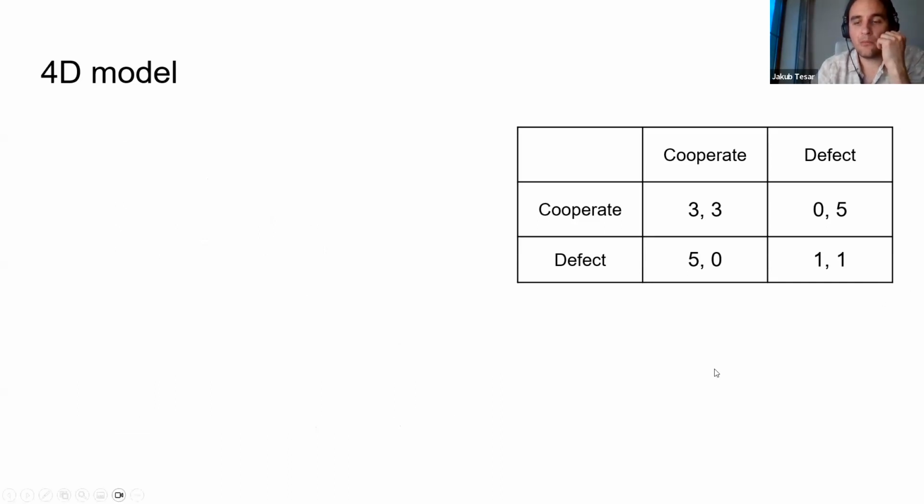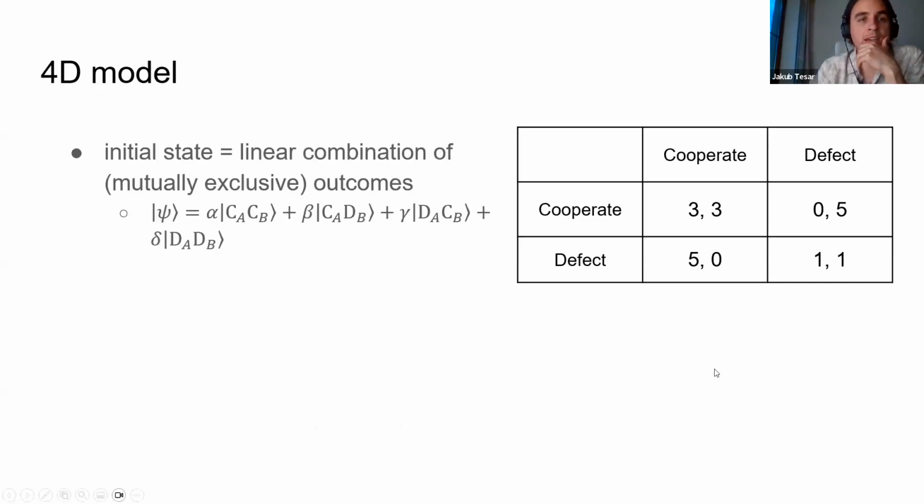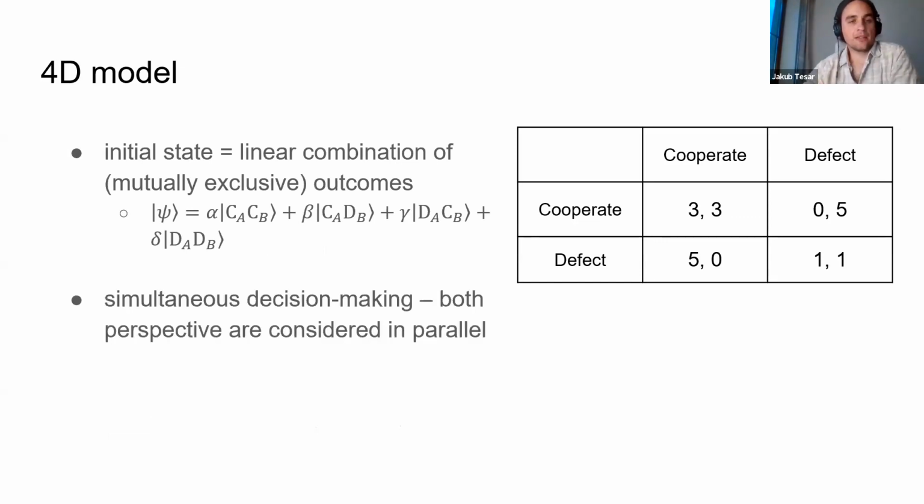If we think about the 4D model, then, as I already said, the initial state is a linear combination of the outcomes, not the strategies, but combinations of strategies. That would mean that we think of simultaneous decision making, meaning that we assume that the actor is able to consider both perspectives at once.